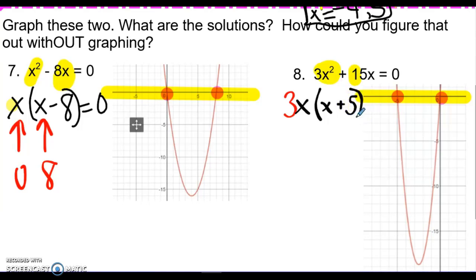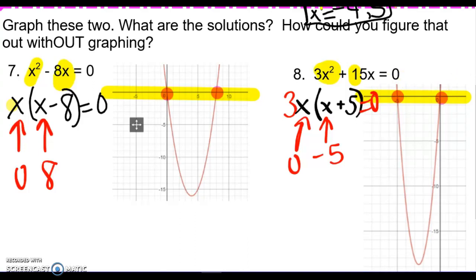Would you have gotten that? And if not, check out what I did. How did it work? I would find that this x is negative 5, and this one is 0. How does that work to make that happen? Well, there you go, looking for patterns.